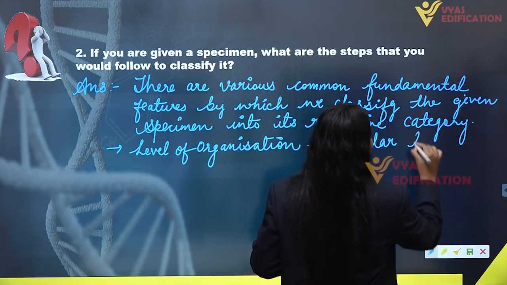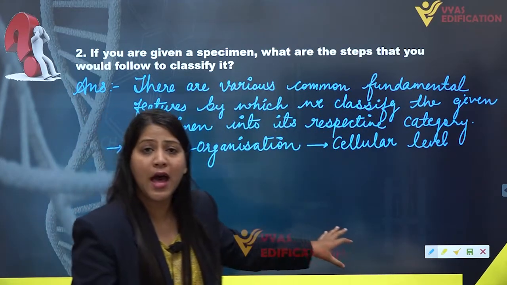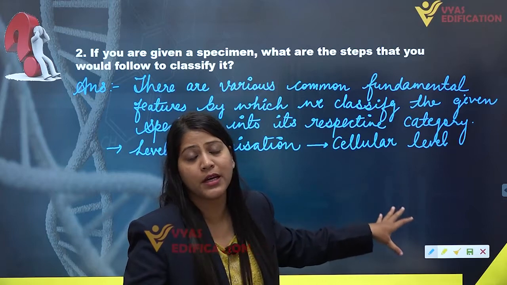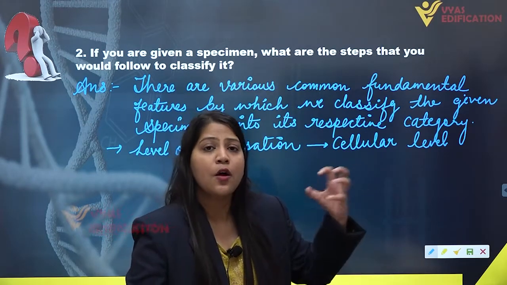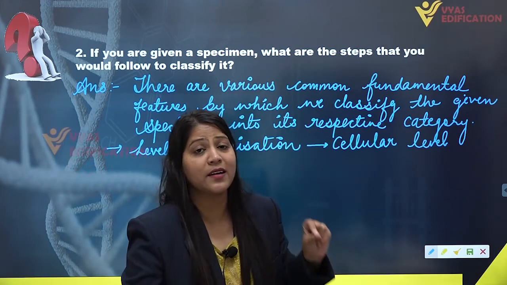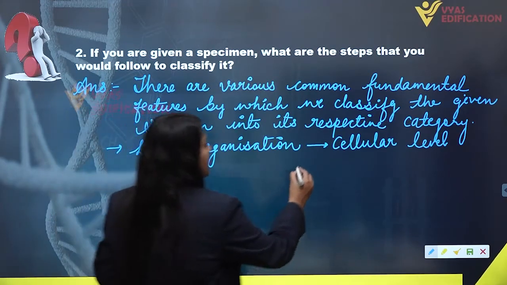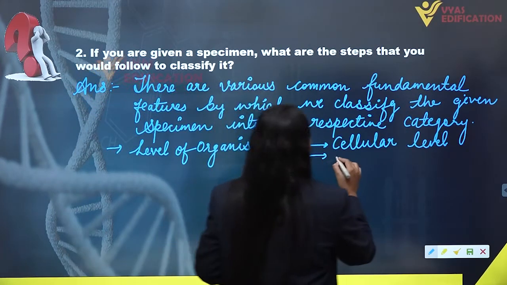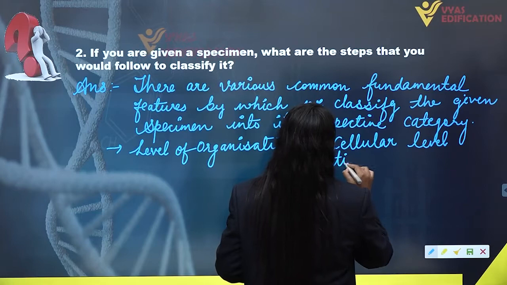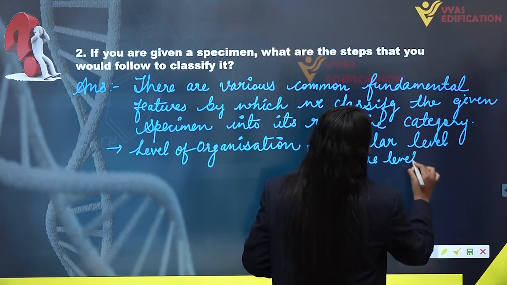The cellular level of organization is found in the most primitive animals of the animal kingdom, that is sponges, which belong to the very first phylum, phylum Porifera. Next, we have the tissue level of organization.